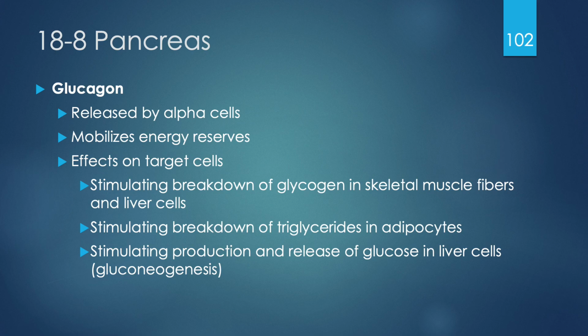These alpha cells will then have the glucagon affect target cells so that we can break down glycogen in skeletal muscle, as well as in liver cells, and stimulate the breakdown of triglycerides, creating energy, and also stimulate the production and release of glucose in the liver cells, which is gluconeogenesis. So altogether, glucagon is helping us to produce more glucose. Glucagon would be important if our blood glucose levels got too low, whereas insulin is important when the opposite is true, when it gets too high.